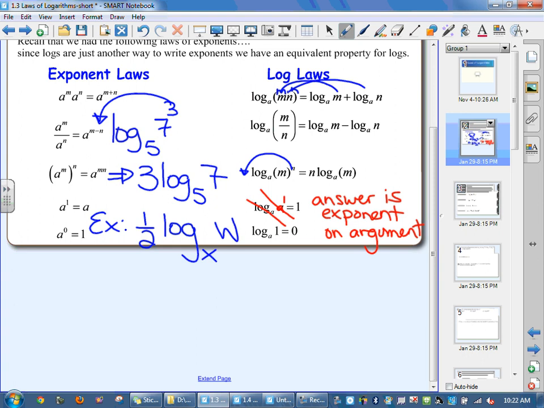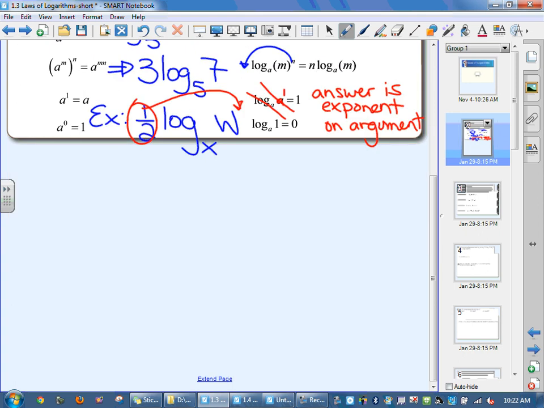I want to combine that now. I want to show that this 1/2 is going to go on the w. I'm just working backwards. So this 1/2 out front is going to become the exponent on my w. So I would rewrite this now as log base x of w to the 1/2.